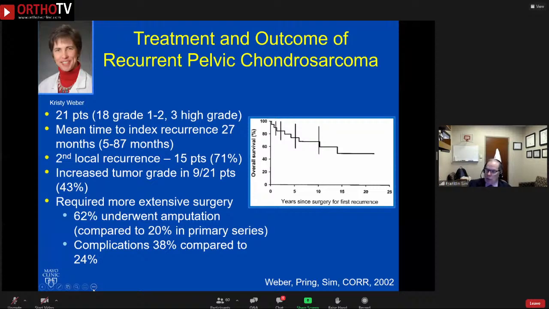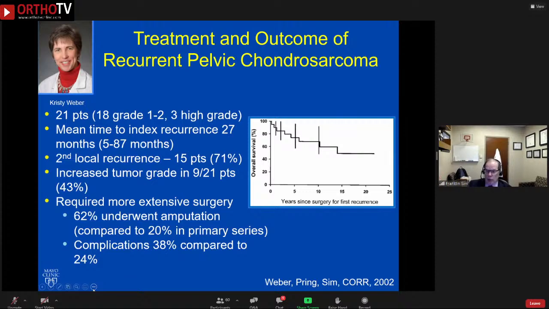As I mentioned, there's very little written on the outcome of patients who require further treatment for recurrent pelvic chondrosarcoma. Christy Weber reviewed 21 patients, and of that group, 18 had grade 1 or 2 lesions at the time of recurrence, and 3 were high grade.